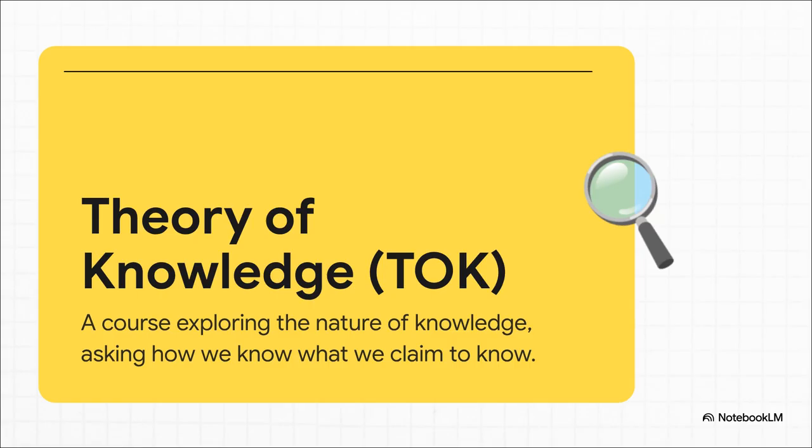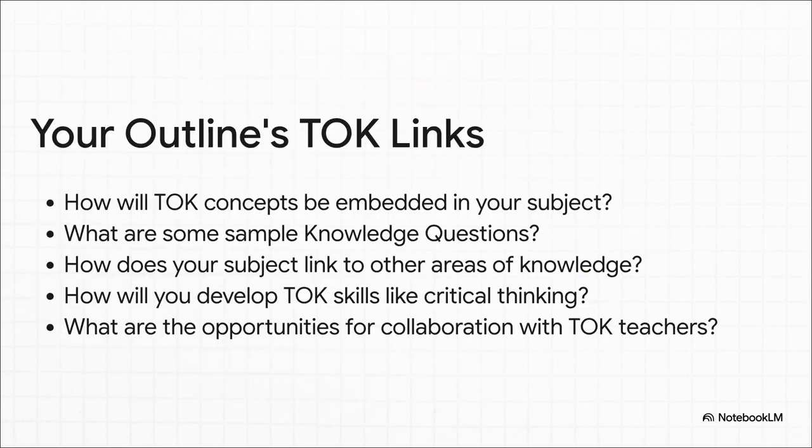It's not. It's a lens, a way of thinking that should be a part of every subject. So, your outline can't just give TOK a quick mention. You've got to show it. How are you going to embed these big ideas? What kind of knowledge questions are you going to ask your students? How are you actively going to build their critical thinking skills? And yes, work with the TOK teachers to make it a truly connected experience.